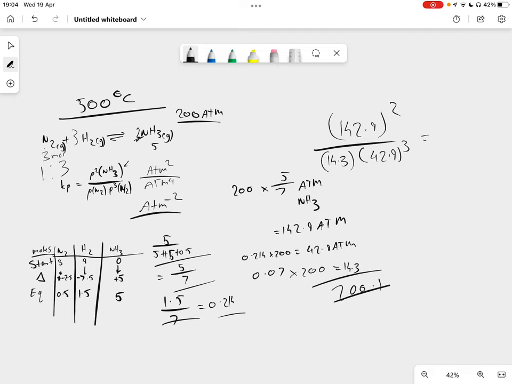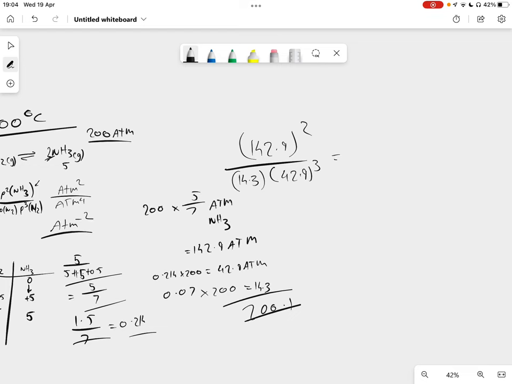I'm putting that into my calculator. I get a value of Kp to be 0.018. So this is showing me that there's a low yield of NH3.